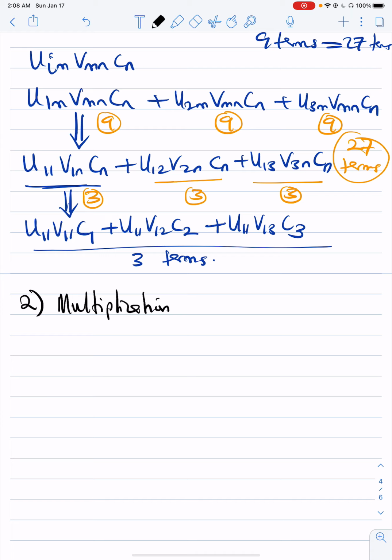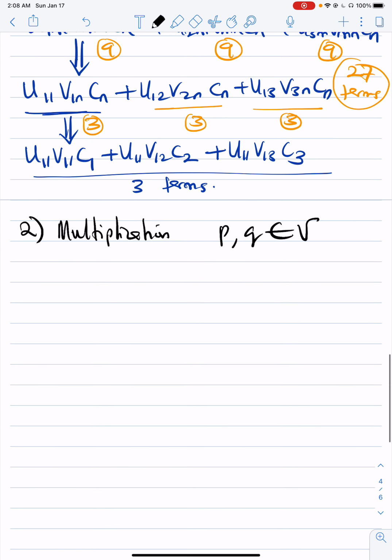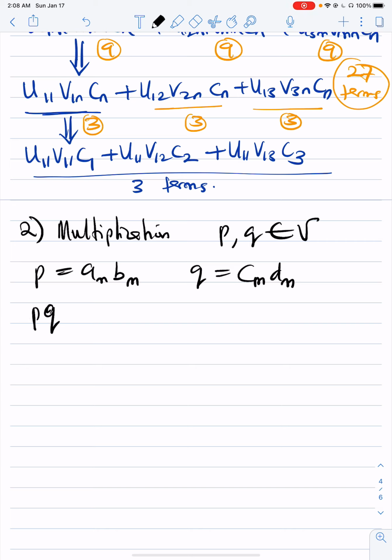Multiplication of vectors. If you have two vectors, P and Q, so let's assume P and Q are vectors. If P is, let's say, a_m b_m, and Q is a vector c_m d_m, now if you want to find the product of P and Q, it's very easy to think that this should be the right answer.